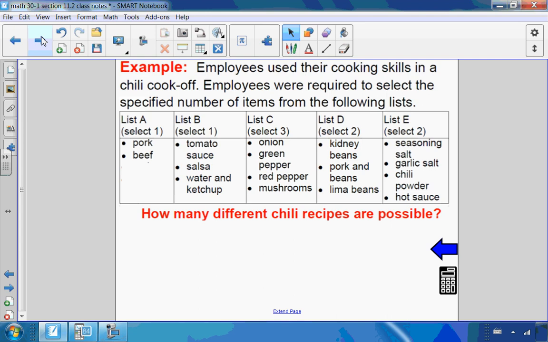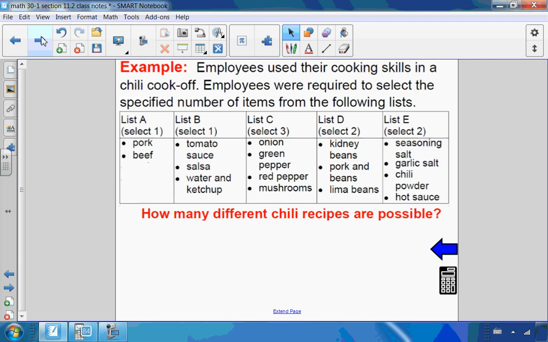Okay, so for this one, employees use their cooking skills in a chili cook-off. Employees were required to select a specified number of items from the following list. So we have list A, which looks like your meats, list B looks like your tomatoes, list C is your vegetables, list D is your beans, and list E is your spices. Now, does it matter the order in which I select those?